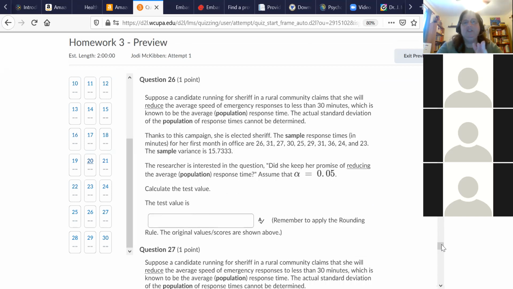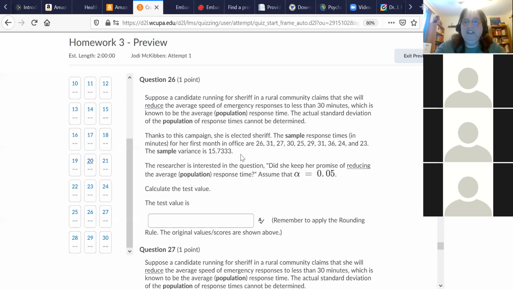And next we have to actually calculate the test value, which is going to be a t-value or t-score. So how do we do that? First of all, we better get our mean over here. Then let's get our standard error of the mean for our sample. How do we do that?